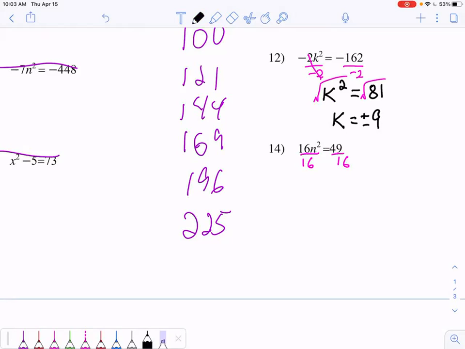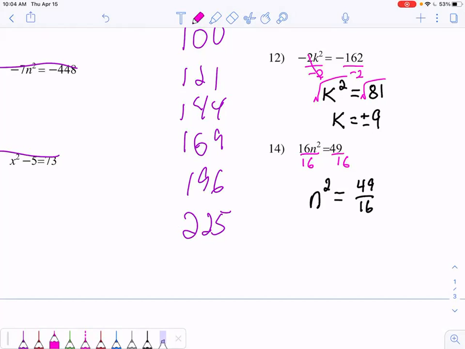No. Do you want me to get the radical out of the denominator? No. It's okay to leave it in there. It'll work out okay. Good. So you cannot simplify here, right? Or can you? No. So you get 49 over 16.